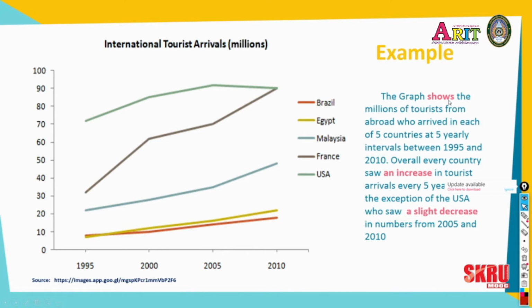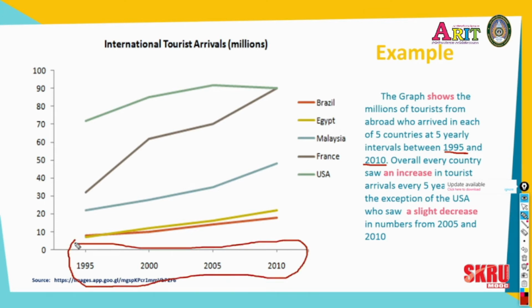The graph shows, you could say, illustrates, demonstrates, tells you the millions of tourists from abroad who arrive in each of 5 countries at 5 yearly intervals between 1995 and 2010. So we're highlighting the time period between 1995 and 2010.